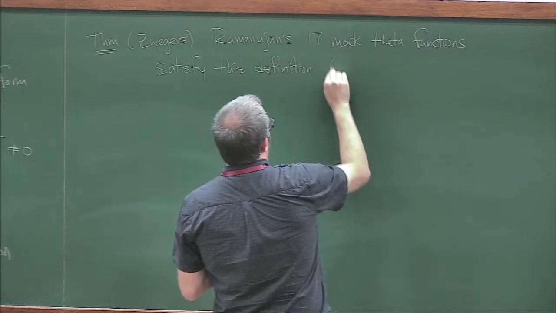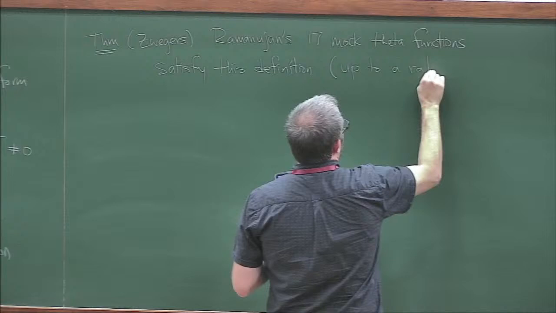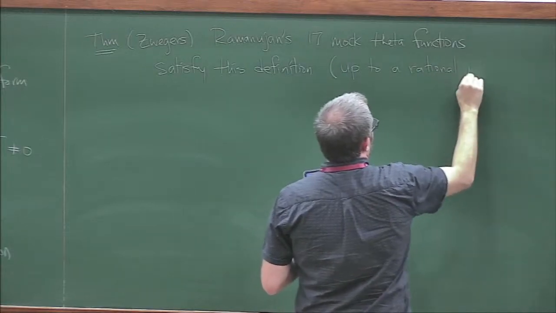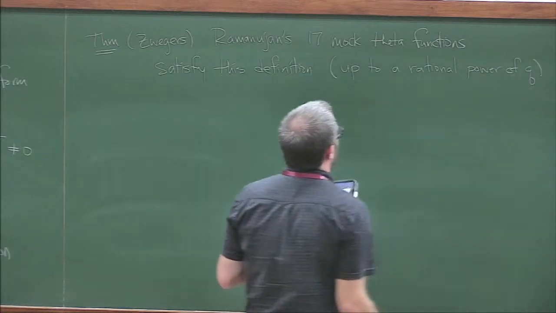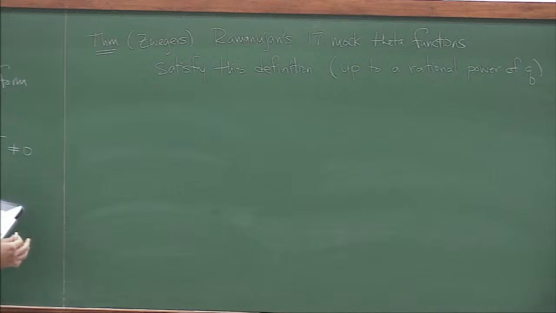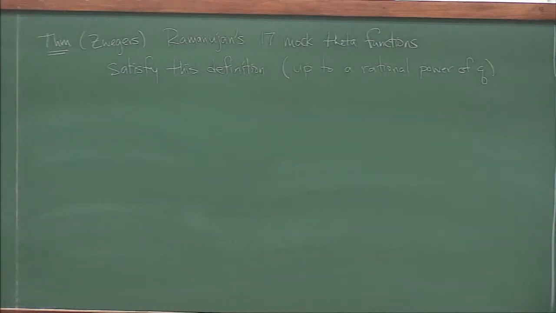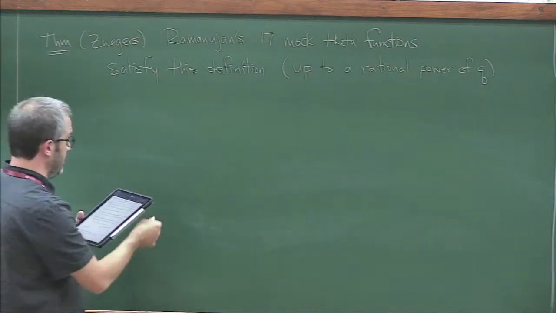And I will make a little comment here: up to a rational power of q. So the Mach theta functions that Ramanujan wrote down are nicely integer powers of q, but to get the transformations correct, you almost certainly have to change something.